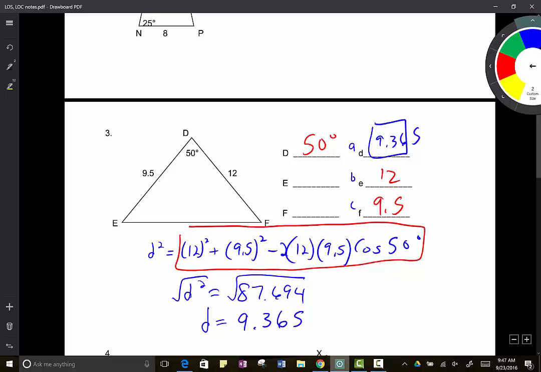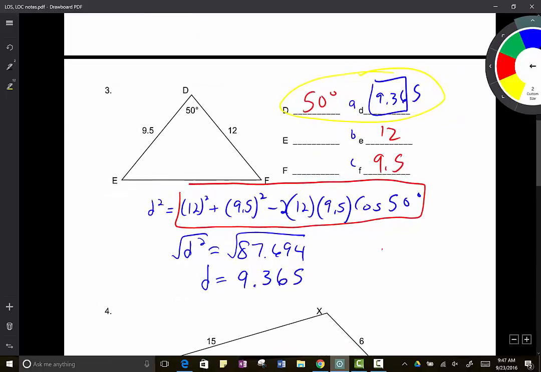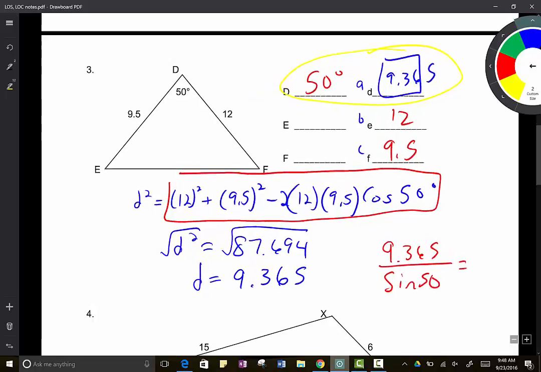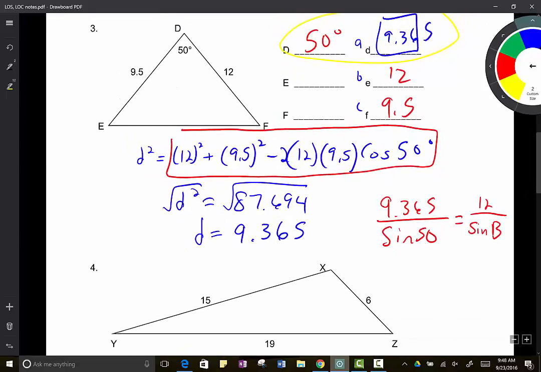Now here's the good news. You only have to use law of cosines one time because look what we have now. We have a ratio of an angle and a side, and we can use the law of sines. Okay? So now I can say side A over the sine of A is equal to side B over the sine of capital B. Okay? And what do we do when you have a proportion like this? You cross multiply.